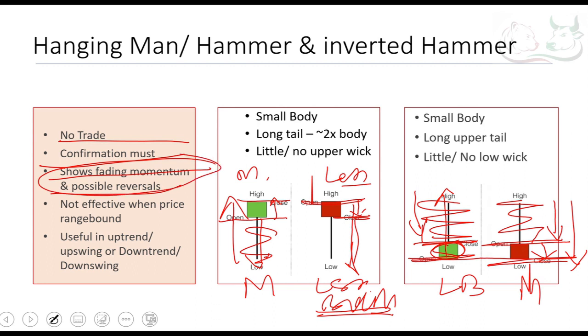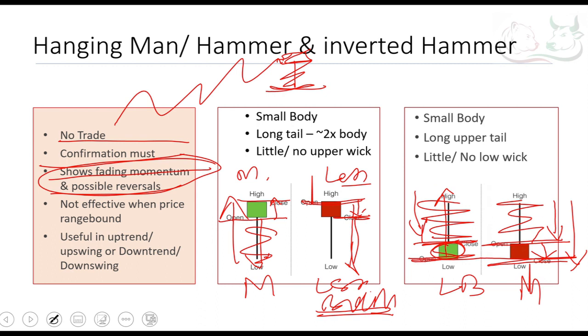It tells us to be cautious. If an uptrend is going on and a hammer formation happens, irrespective of color, then it may be that momentum is now fading. Why is it fading? Because during the day price tried to come down so much, so there is of course some strong selling coming at this level.